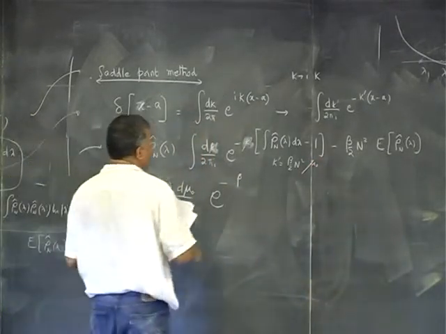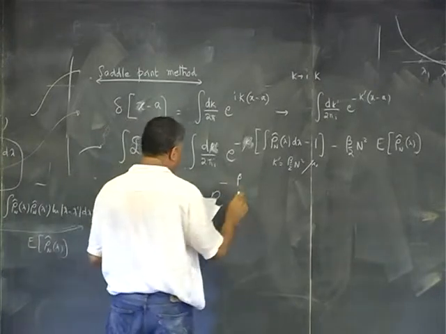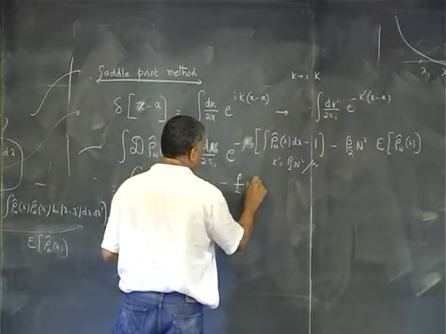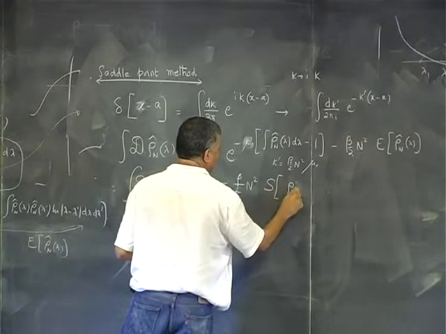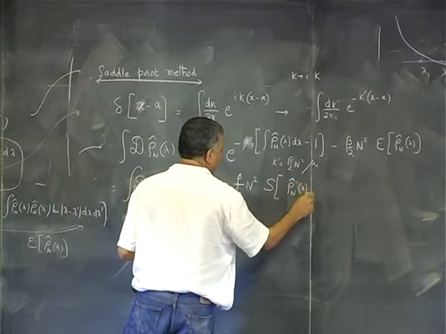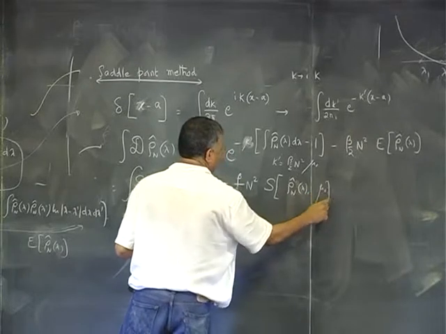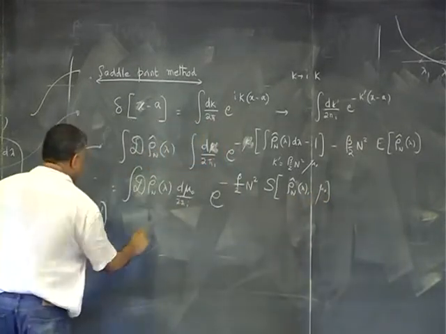Then I can write everything as beta by 2n square into some action which depends on this rho n hat lambda and this parameter mu naught. Okay. So what is this action? Let's write it down.